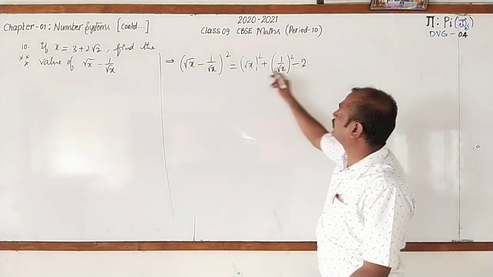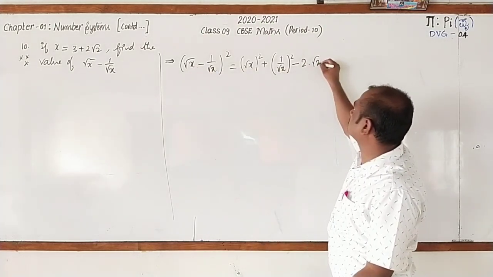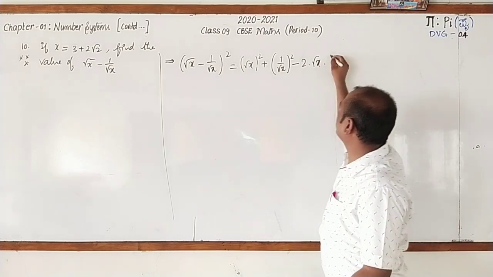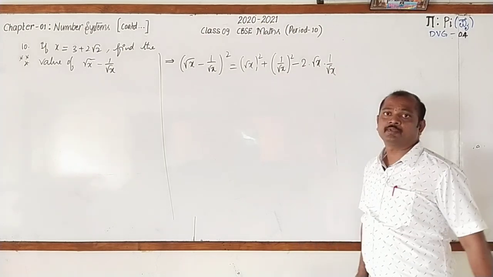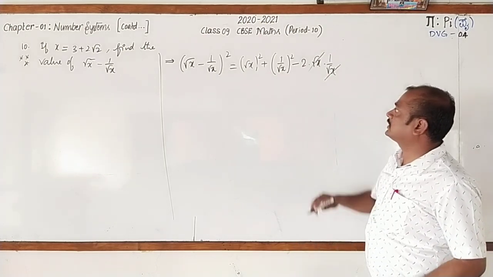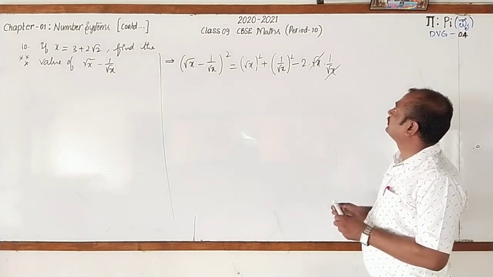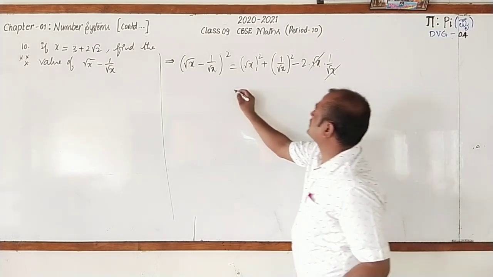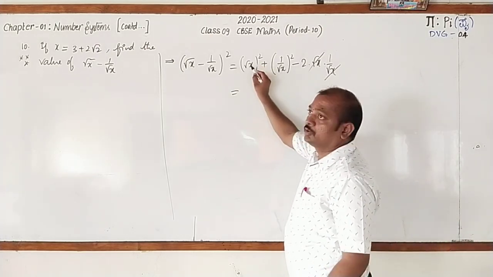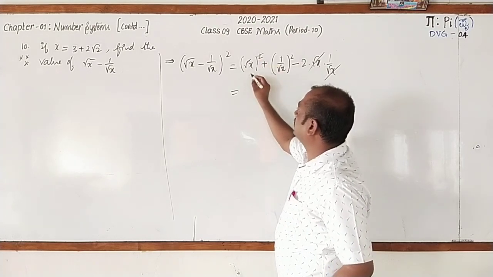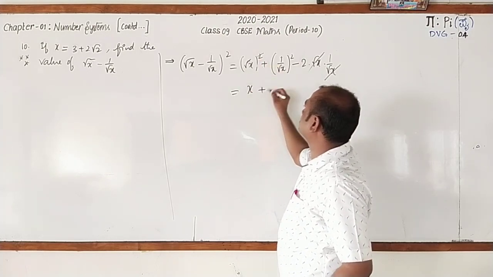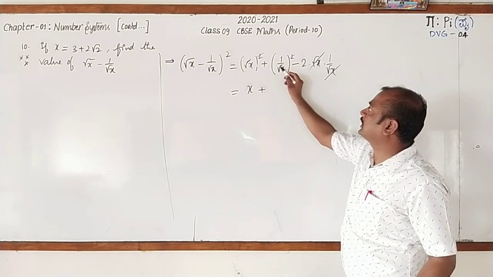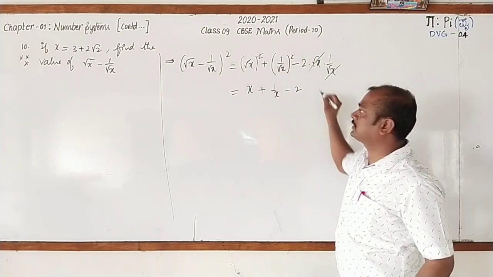Minus 2 into a is root x and b is 1 by root x. Root x and root x get cancelled. Now this is equal to root x whole square, square and root get cancelled, it is x. Here square and root get cancelled, it is 1 by x minus 2.